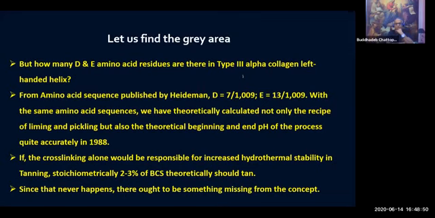In the same way, using the same techniques, if we have to believe that the C type of cross-linking by dinuclear chromium complex alone is responsible for increased hydrothermal stability, then stoichiometrically 2 to 3% of BCS theoretically should result.